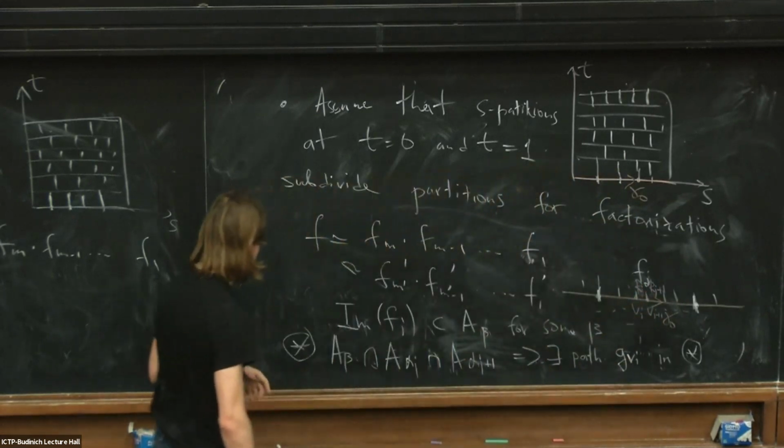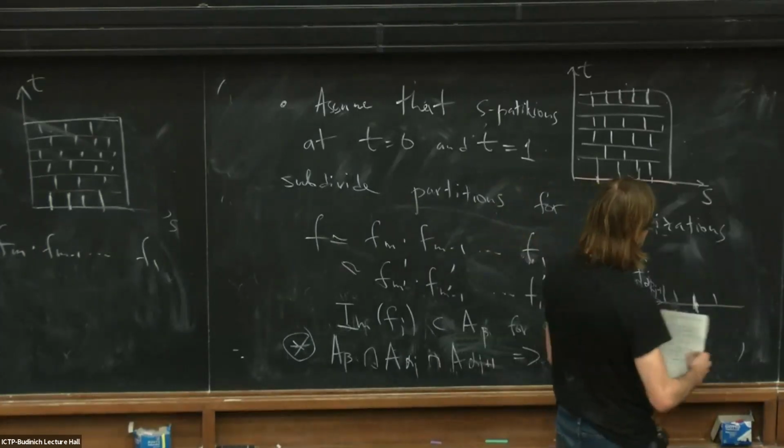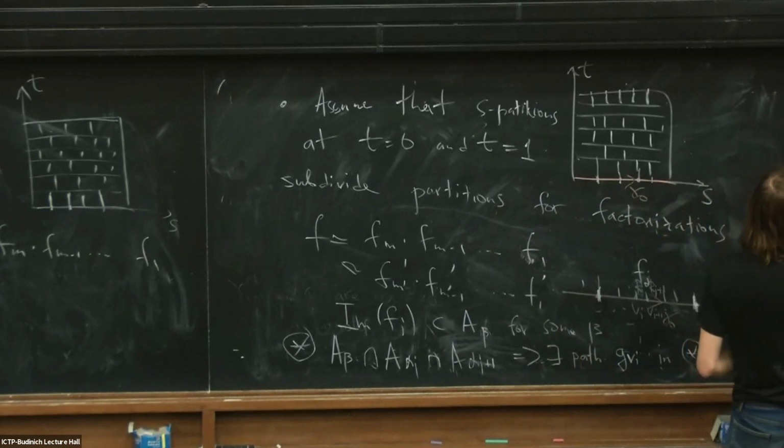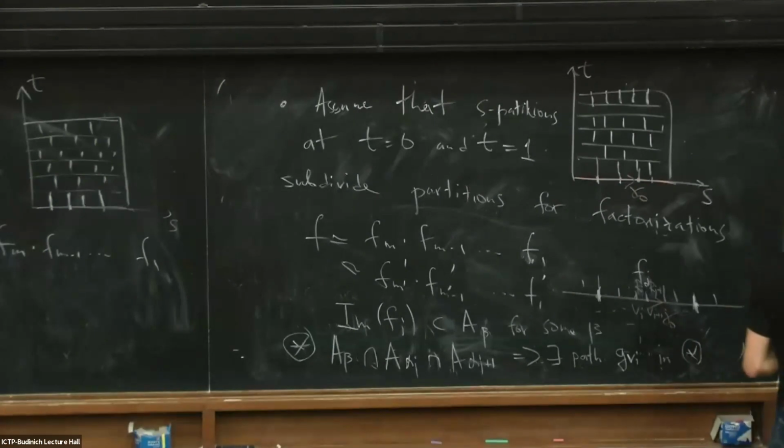Doesn't G V i start at X naught? Well, it starts, so how we defined G V was a path from X naught to F of V, right?